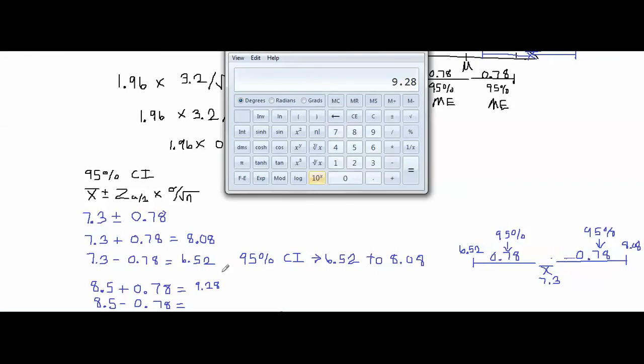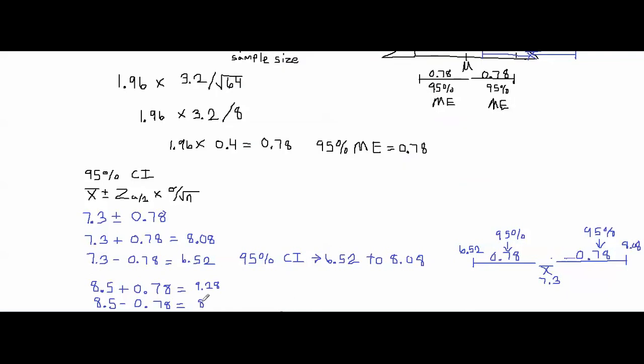This is, I think, 8.72. So with my new sample, the confidence interval goes from 8.72 to 9.28. So in my second study, I would say I'm 95% confident that the population mean is between these two numbers.